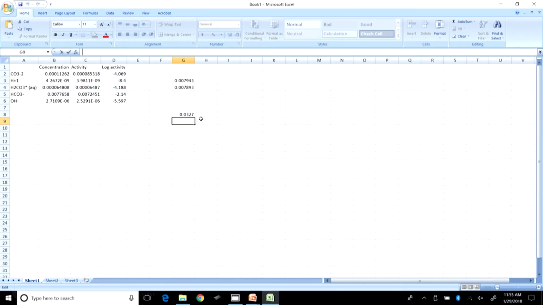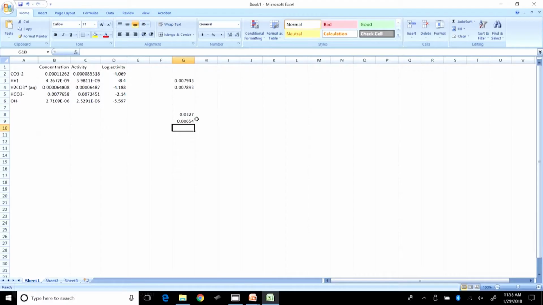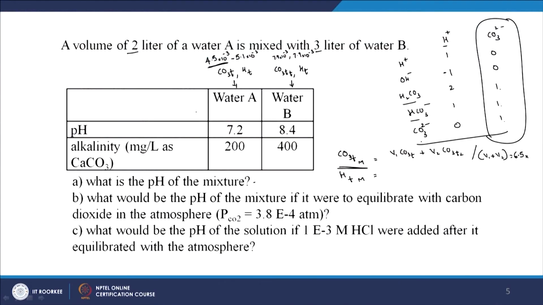So, this cell divided by 5, and enter. Now I end up with the value of 6.5 into 10 power minus 4. So, let me write that down. The CO3 total of the mixture that I now have is 6.5 into 10 power minus 3, pardon me, 10 power minus 3.